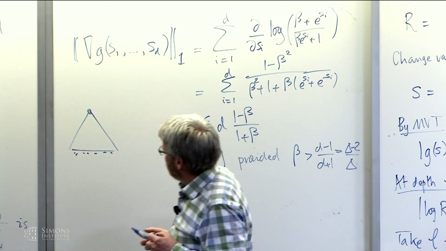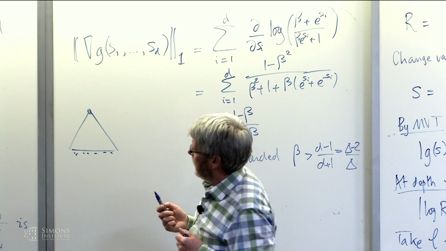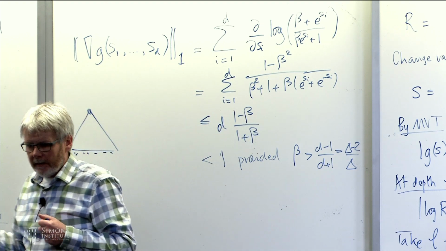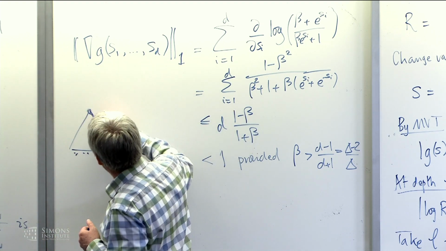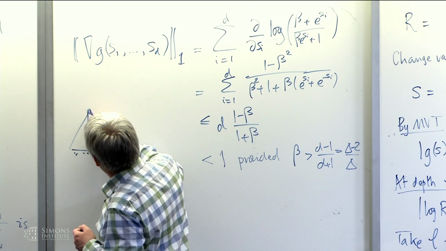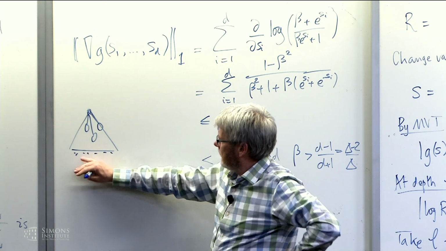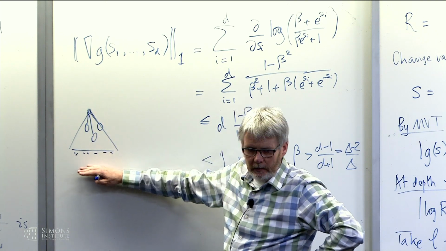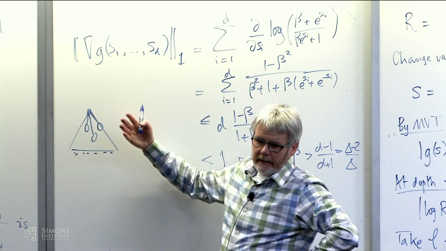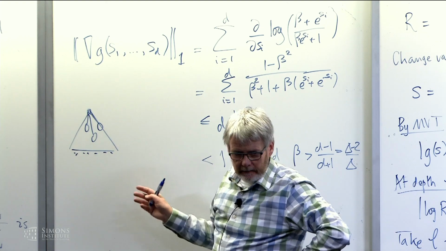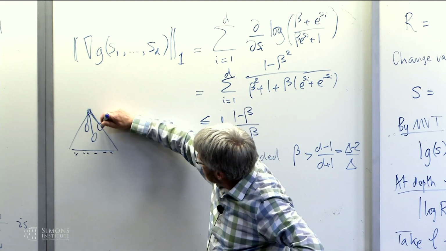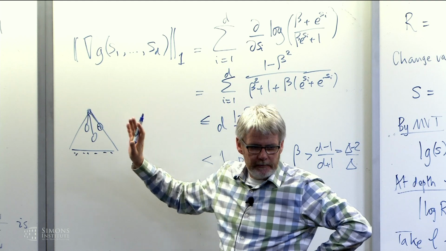But in the Weitz tree, we actually got these boundary conditions. So in fact, you not only need this decay of correlations to hold with no boundary conditions, you actually need it to hold for general boundary conditions. And in particular, the boundary conditions, these pluses and things, can be very close to the root.